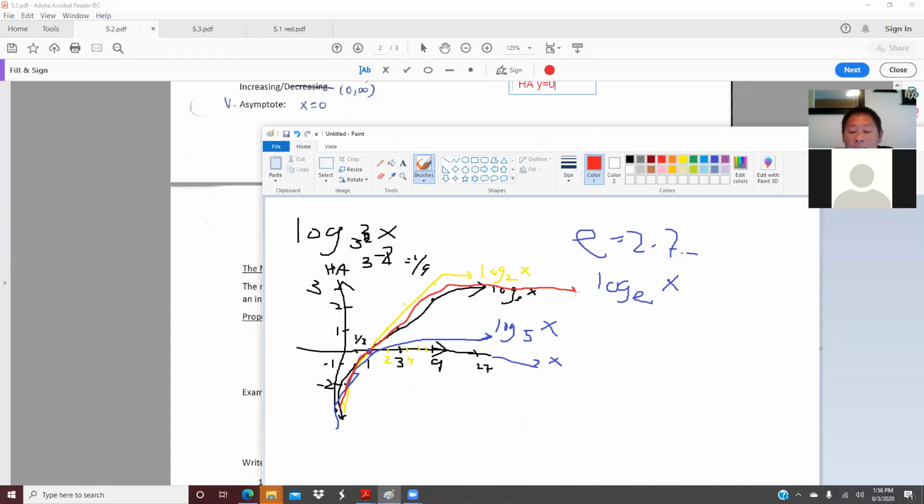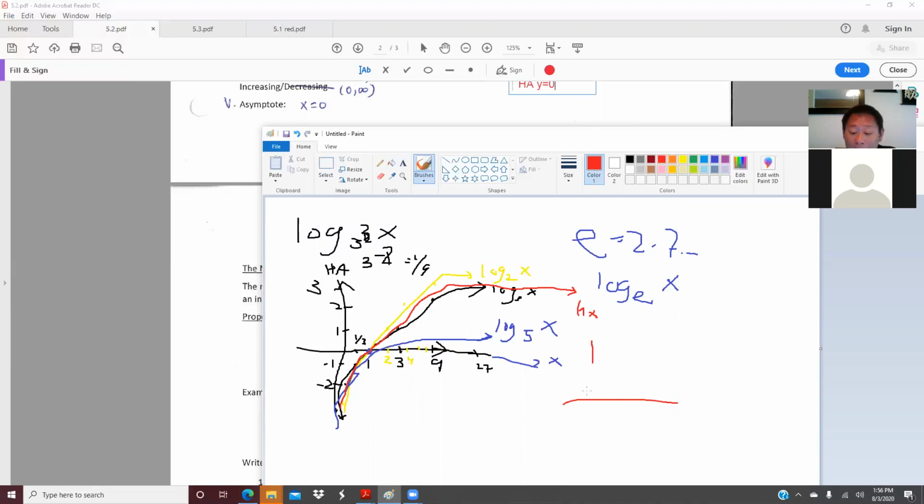So this is the ln x line. The reason why is because this is log 2, this is log 2.7, which is e. And this is log 3, and then the other one is log 4, and then log 5, and then log 6. So you find out that in order for you to draw the ln x graph, it should be in between log 2 and log 3.